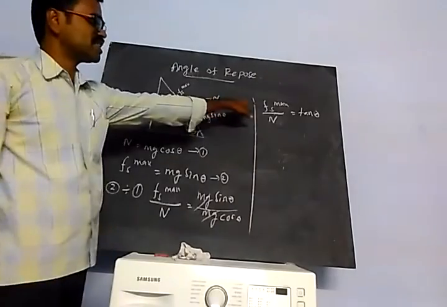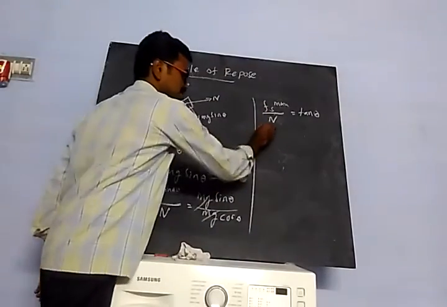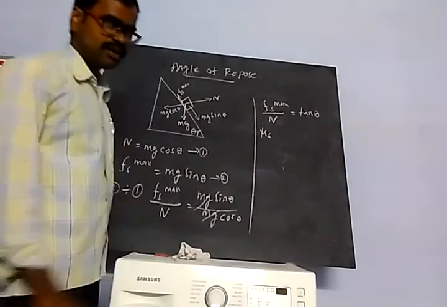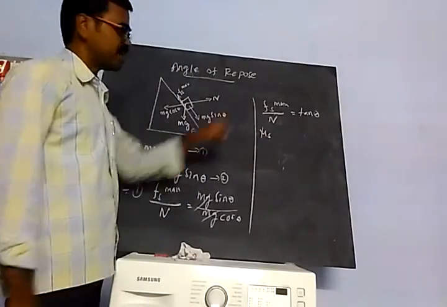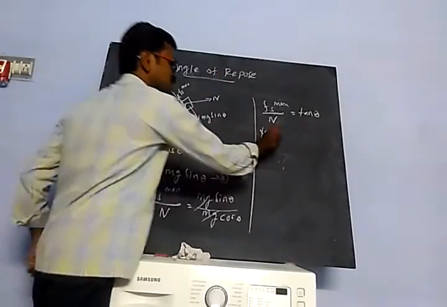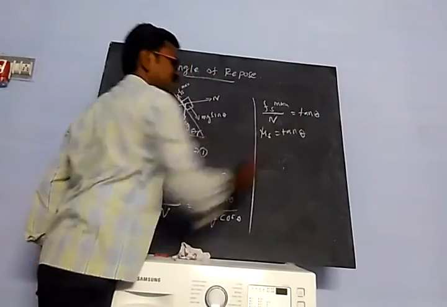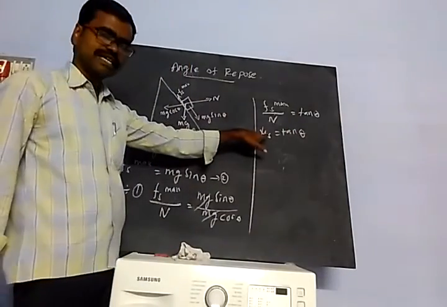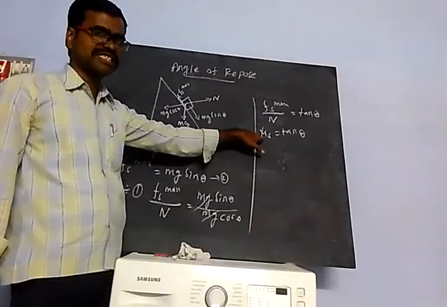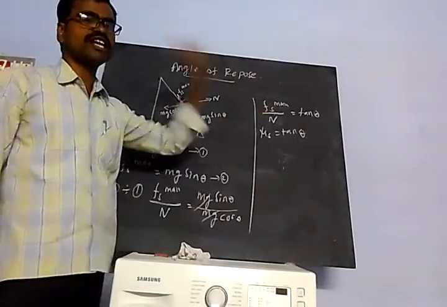What is the value of Fs maximum by N? That is mu s, as we already saw. So mu s is equal to tan theta. The coefficient of static friction is equal to the tangent of the angle of repose.